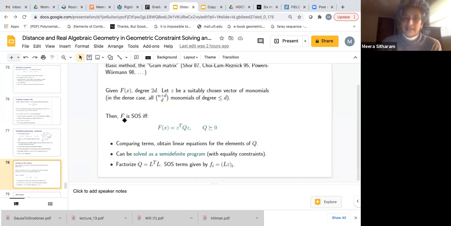So you can say that f is a sum of squares if and only if f(x) can be written in this fashion, and you can solve it using a semi-definite program, where Q can be factorized as L transpose L, because if it's written as a sum of squares, you're going to have non-negative eigenvalues. So you can write Q as L transpose L. Just like, remember, we did the whole proof in the beginning of Schoenberg's theorem, and all those ideas are here.